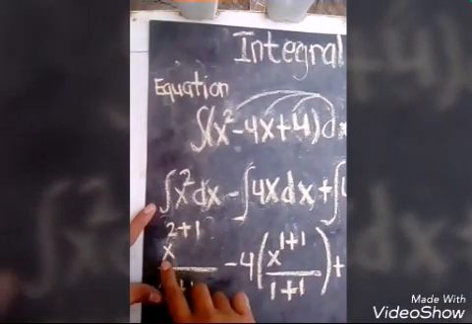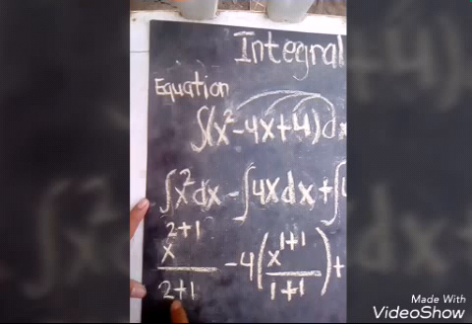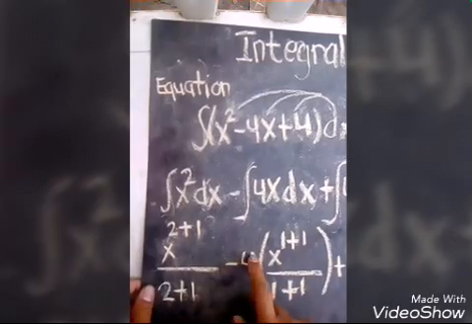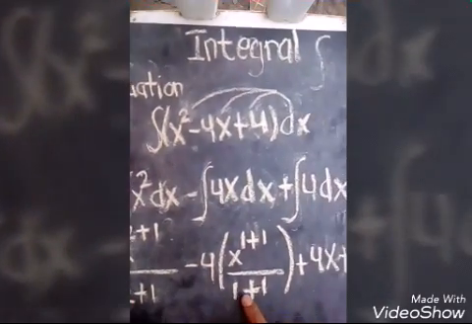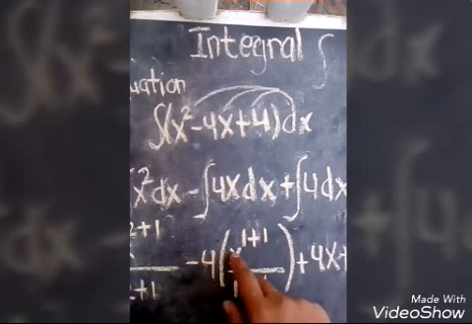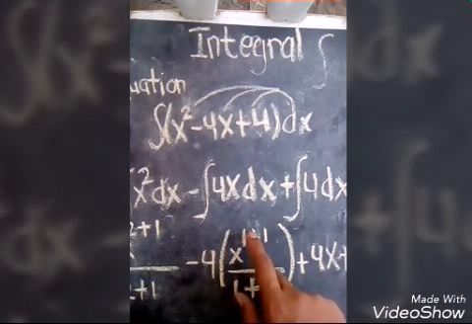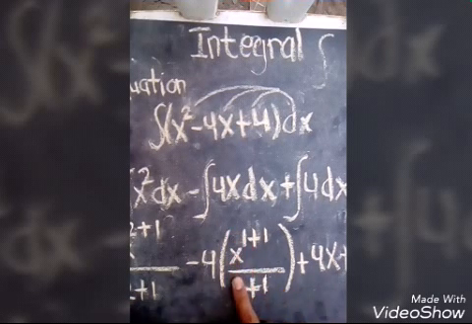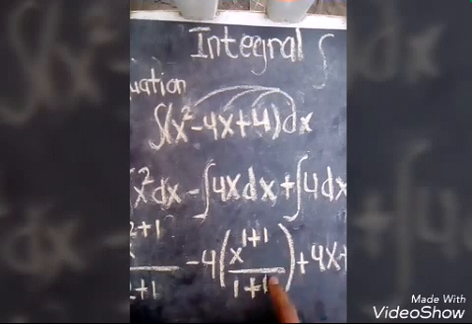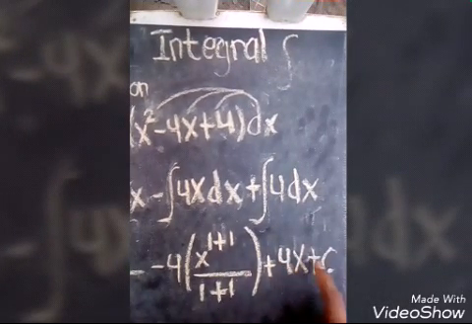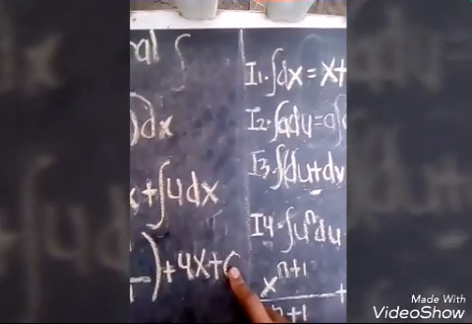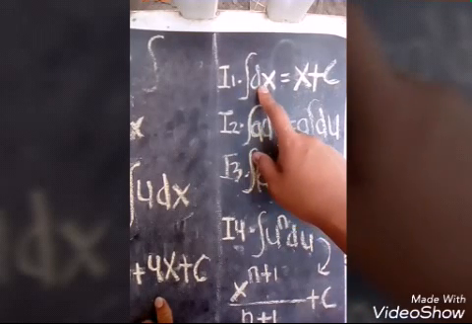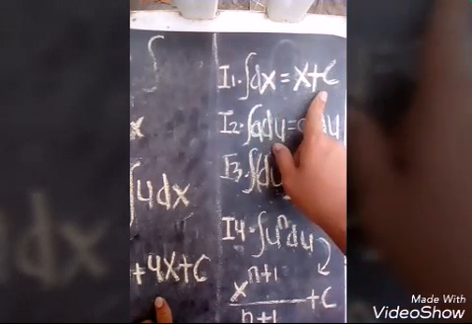So x squared plus 1 over 2, which is the exponent plus 1, minus 4 times x to 1 plus 1 over 1 plus 1, where the x exponent is 1 and added by 1, plus 4x plus c. We use the integral rule where dx is equivalent to x plus c.